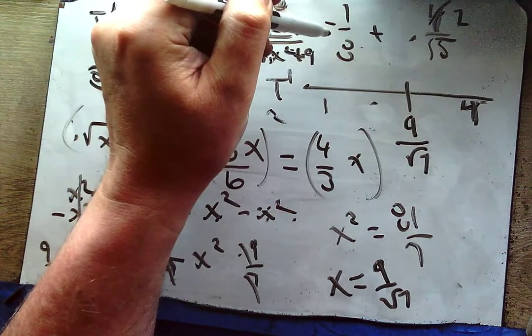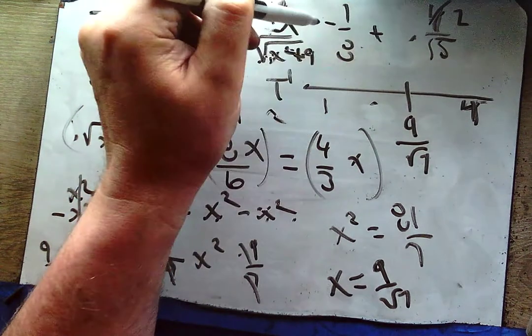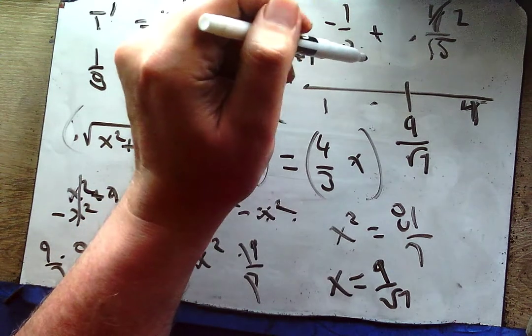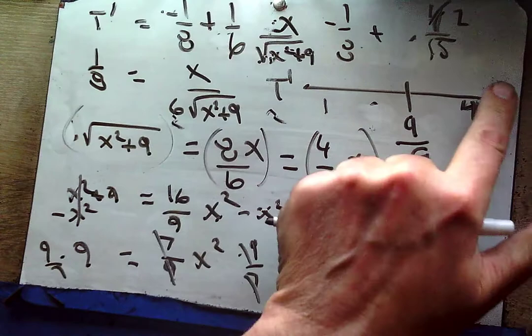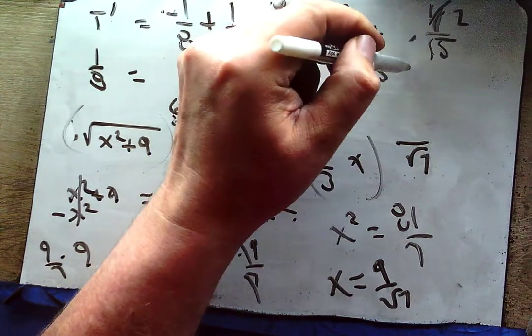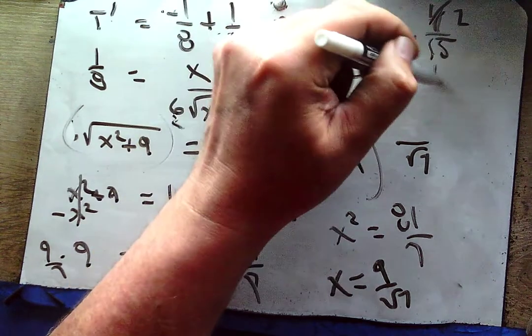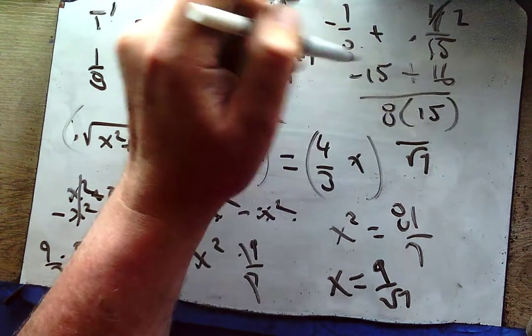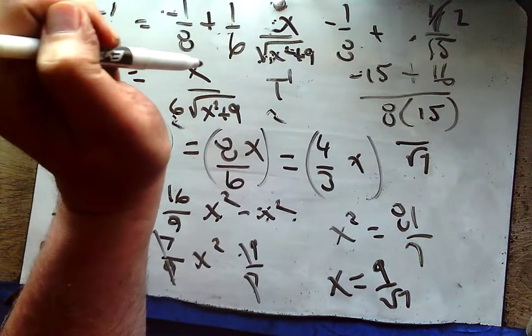Well, 2 over 15 and 1 over 8, because that's almost 2 over 16, because I got to make a common denominator. So let's see. This is going to be negative 15 plus 16 over 8 times 15. And I end up with a positive number there.